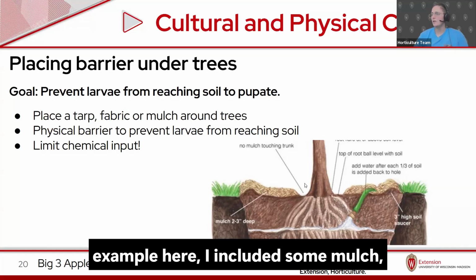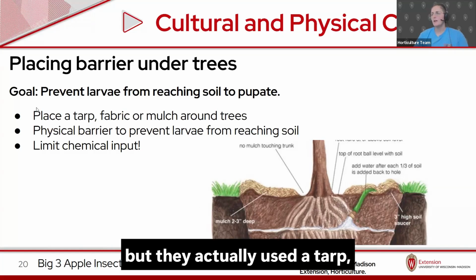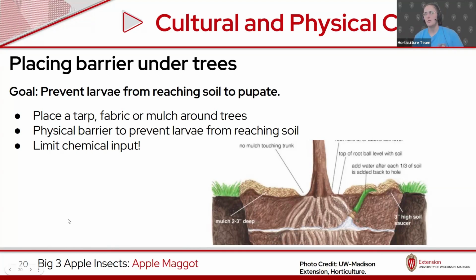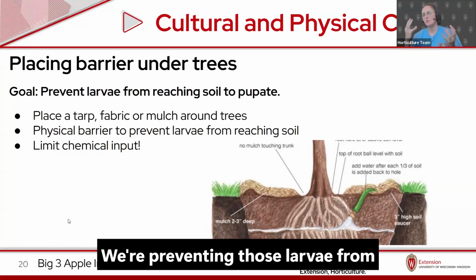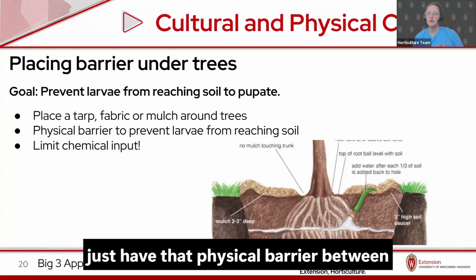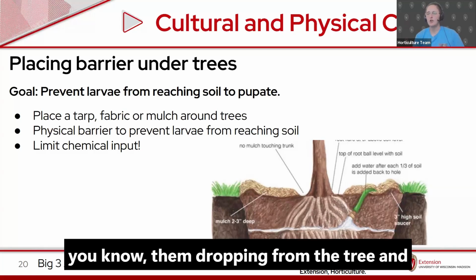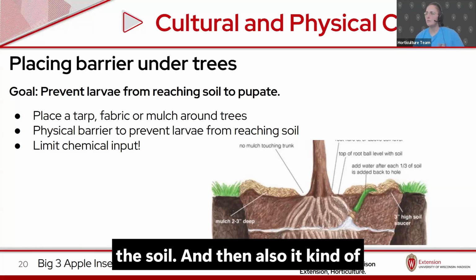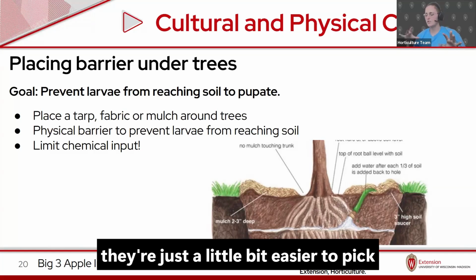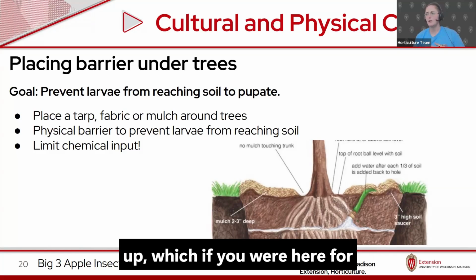This example here, I included some mulch, but they actually used a tarp, which had a dual purpose, right? We're preventing those larvae from dropping to the soil and pupating. They have that physical barrier between them dropping from the tree and the soil. And then also it catches all your dropped fruits and they're a little bit easier to pick up.